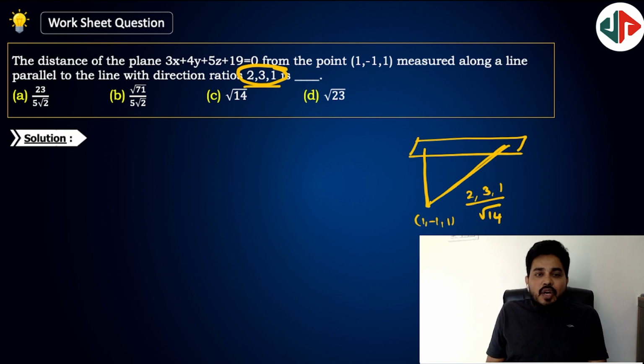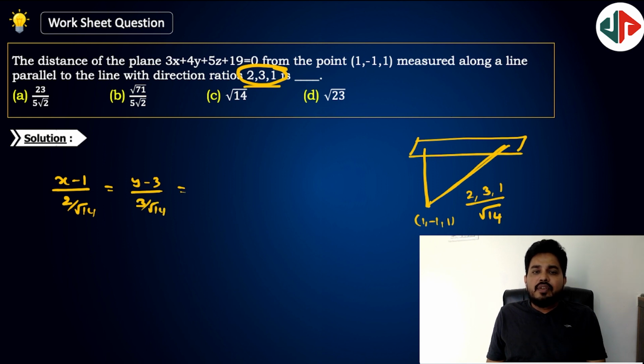So I will write the line equation as (x - 1)/(2/√14) = (y + 1)/(3/√14) = (z - 1)/(1/√14) = t, with the point being (1, -1, 1).